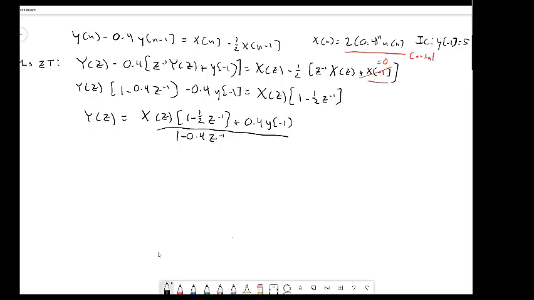And again, not real pleased with all those negative powers of z, so I'll multiply by the first power of z and have x of z times z minus a half and 0.4 times z times our y of minus 1 divided by z minus 0.4.